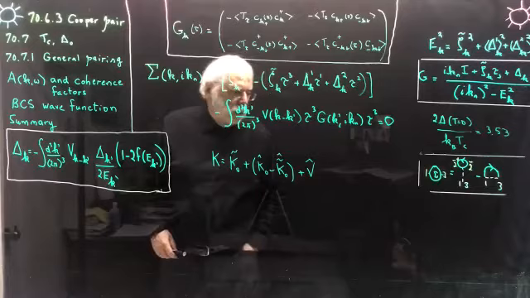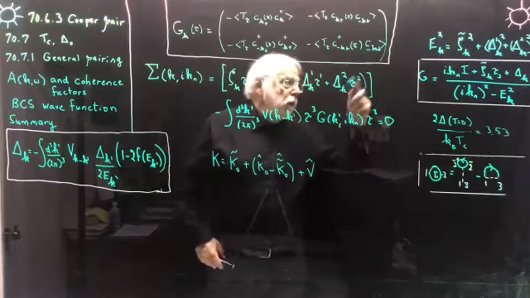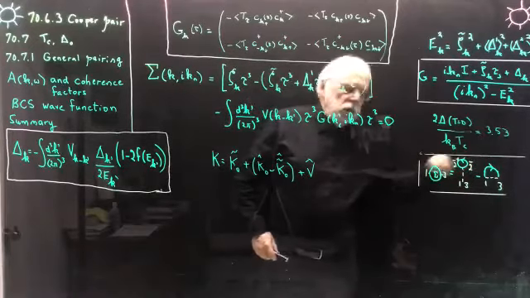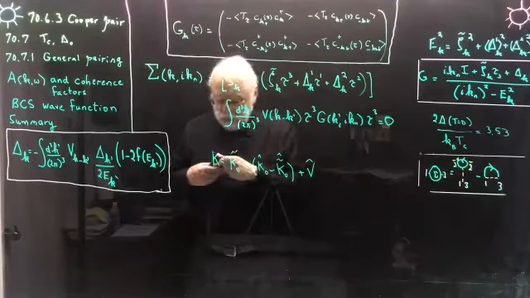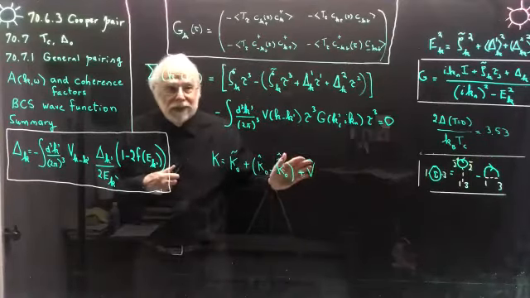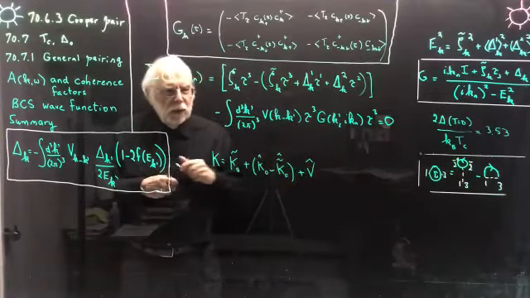In other words, whenever I work with BCS, I don't put any Hartree-Fock corrections. They are cancelled by this. There are still residual interactions. There are still Goldstone modes and so on.